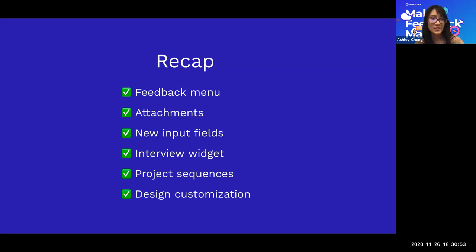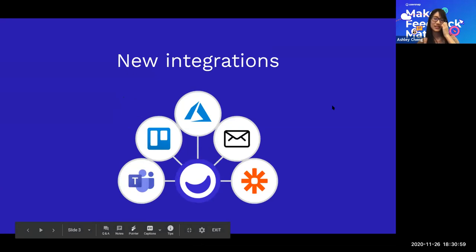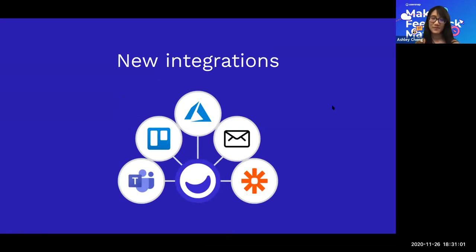Cool. And actually, this is not all that we're showing you today. We're also going to talk about some new integrations that we have launched. So yeah, please, Christina. Yes, so new there's the native email integration, there's the webhook integration, MS Teams, and Azure DevOps that we are providing now.